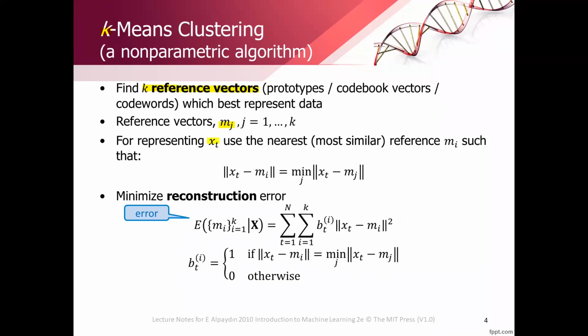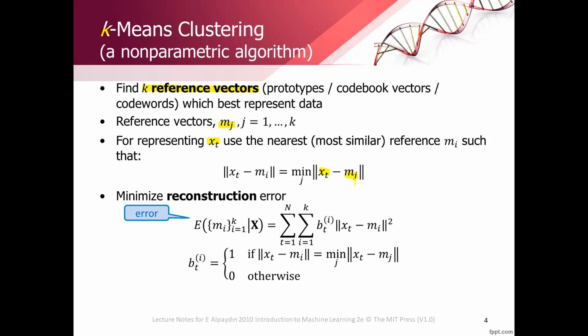For representing some observation x_t, where an observation is one row in the observation matrix, the representative will be one of the reference vectors, and which one? That for which the distance between the vector x_t and the reference vector m sub j is the minimum.